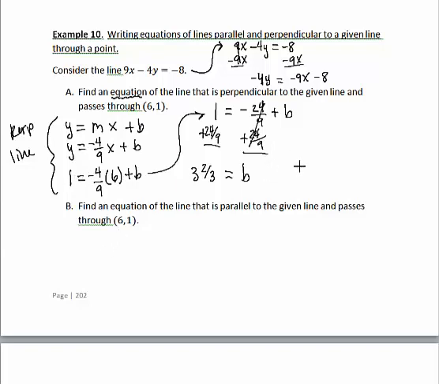And so we simply take our slope-intercept form, y equals mx plus b, and we only replace the slope and the b. And we're finished. Negative 4/9 is our slope, and 3 2/3 is our y-intercept.